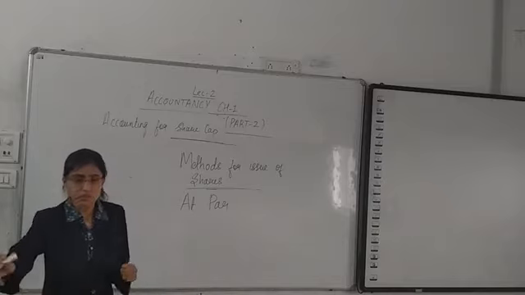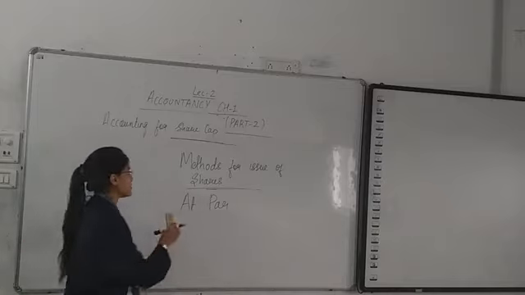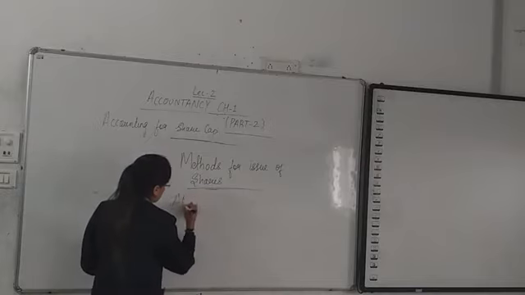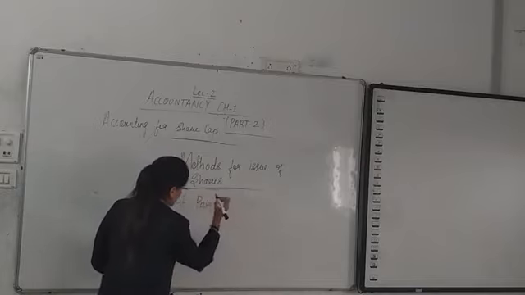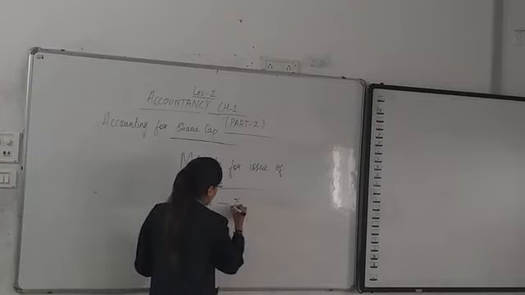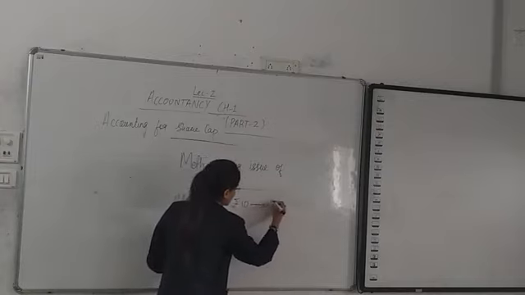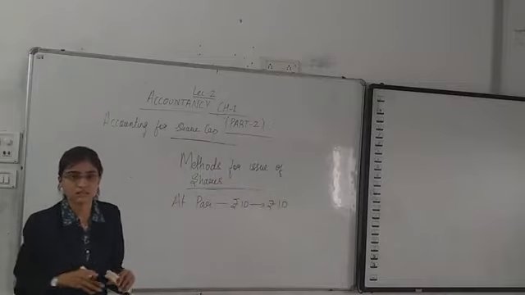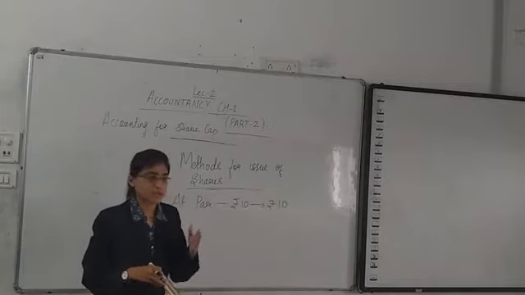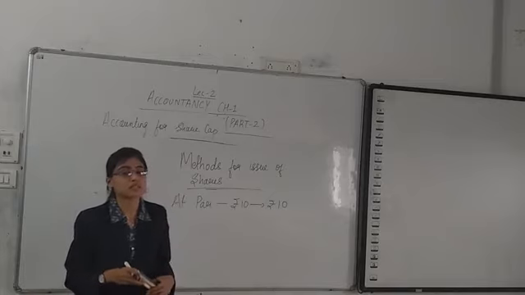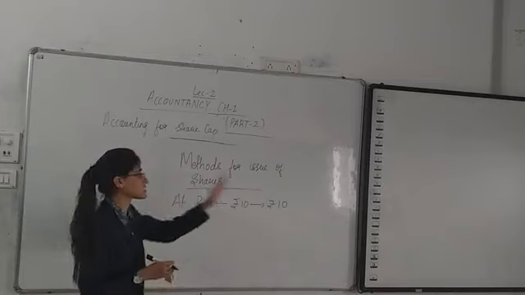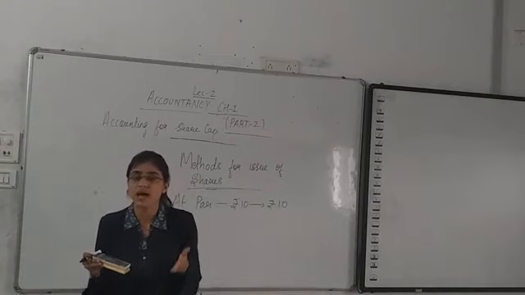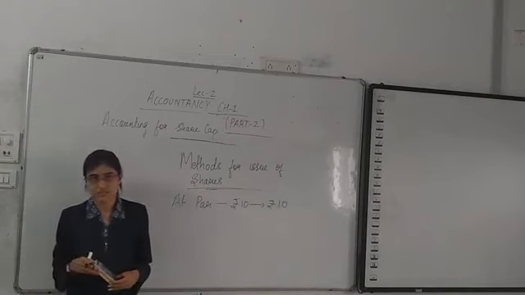What does that mean? The meaning is extremely simple. The first method means that a share of rupees 10 is issued for rupees 10. Simple, nothing else. I repeat, a share worth rupees 10 is issued for rupees 10. This simply means that the share has been issued at par.